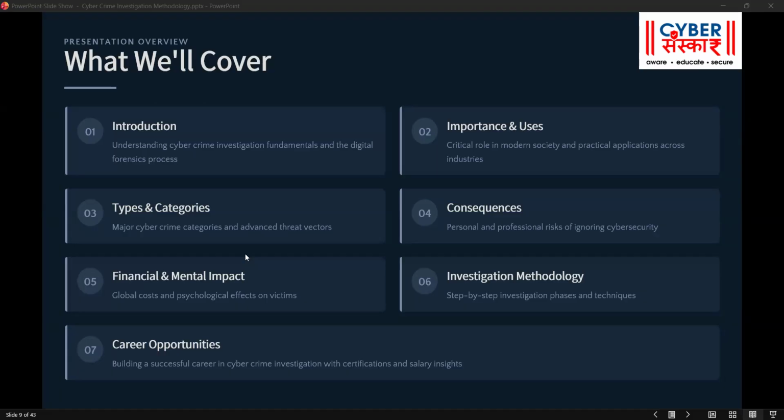Usually it is happening in most of the industries and in persons also. And next is the investigation methodology, which is one of the important steps, the step-by-step investigation phases and techniques of cyber crimes. And last is the career opportunities in cyber security.